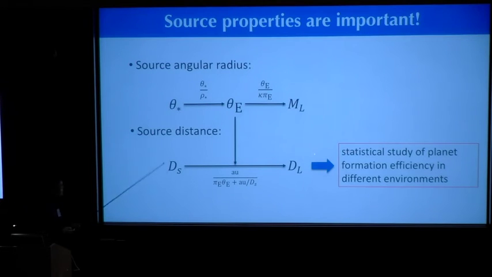But if somehow we can determine the source distance, then combined with the parallax and the finite source size, we can determine the lens distance uniquely as well. And this is important if you want to study, for example, how the lenses are partitioned in the disk and in the bulge. And if some of these lenses have planets, then you can study the planet formation efficiency in different environments, like in the disk and in the bulge.